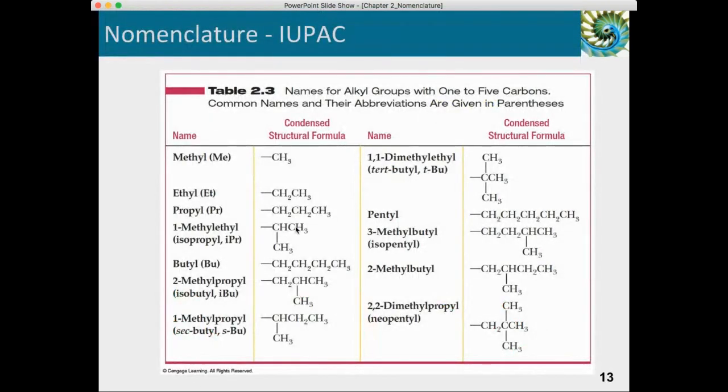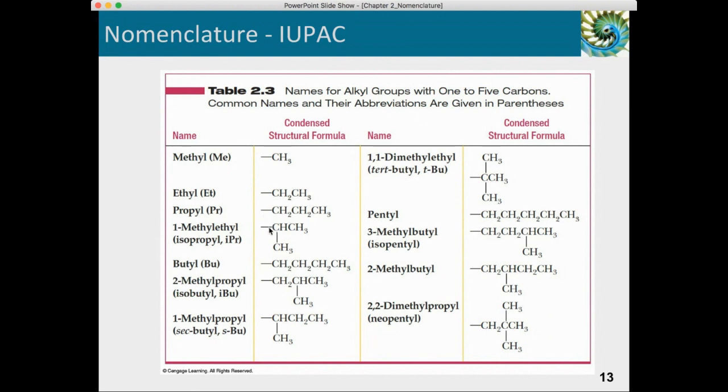But as we increase from 3 to 4 and 5, then we have different possibilities on how to attach this hydrocarbon group to the parent chain. For example, propyl has 3 carbons. If it's bonded to the main chain from the first carbon, that's a propyl group.